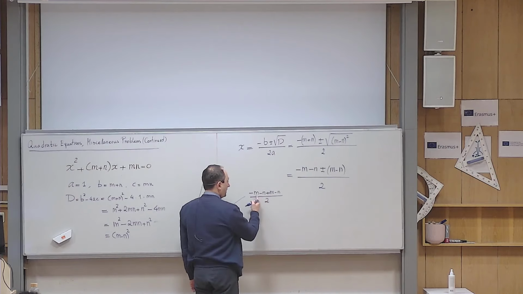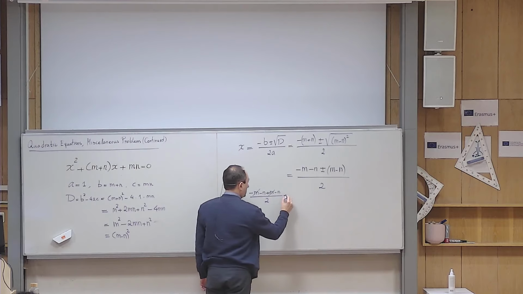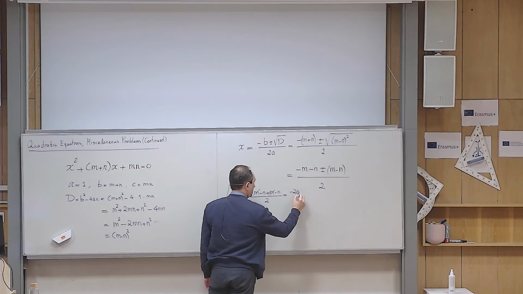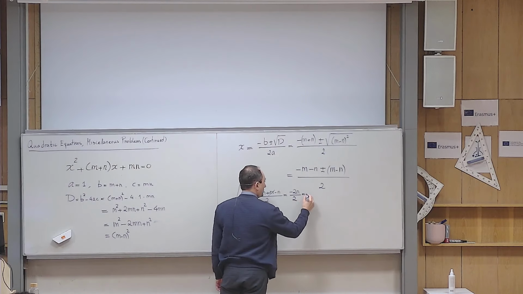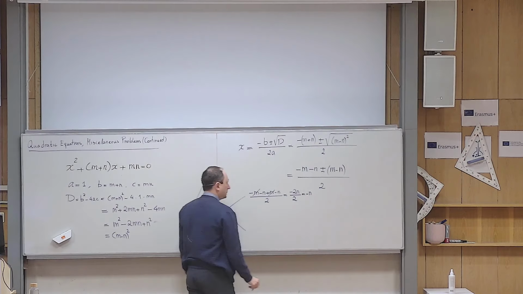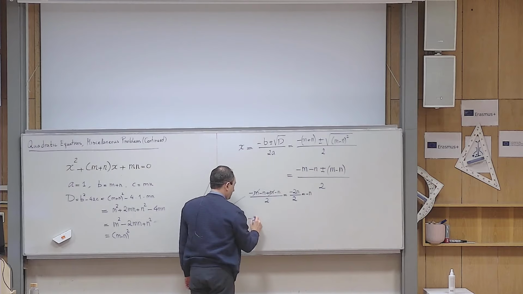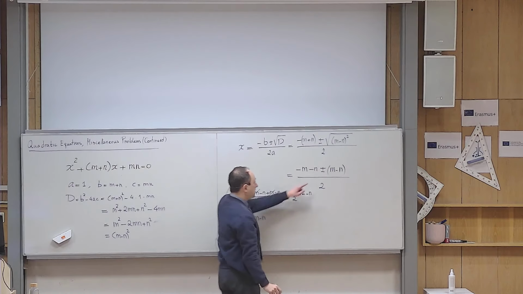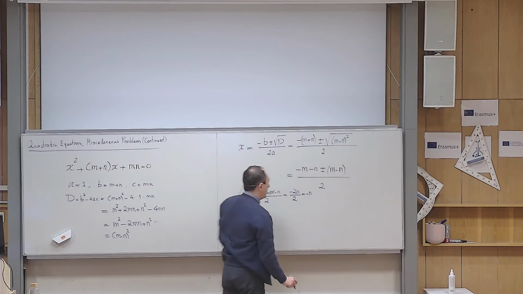So m and m are gone. Minus n minus n is minus 2n divided by 2, which can be simplified more. These 2 and that 2 are common factors, so I can simplify them. And the other one is the same thing, I repeat it. But this minus sign is for the whole expression. So it goes for minus m and plus n.